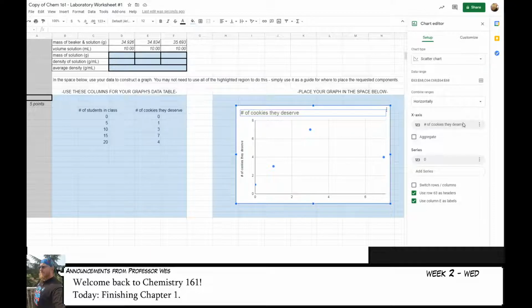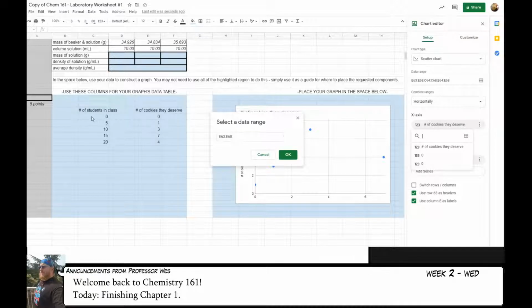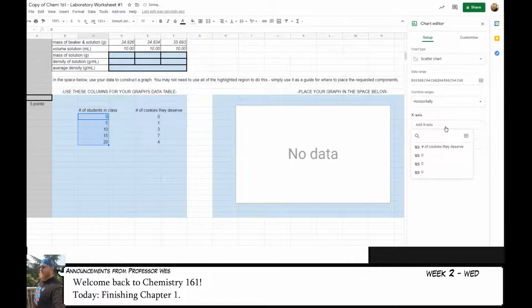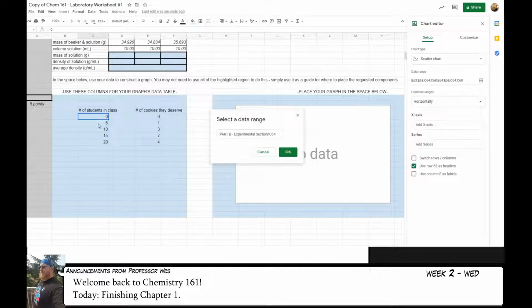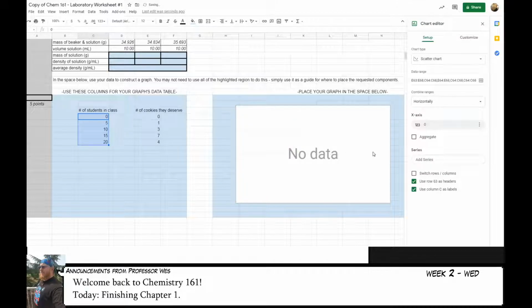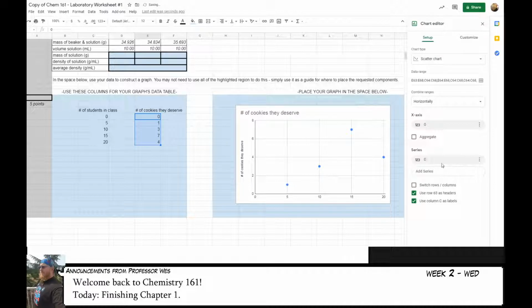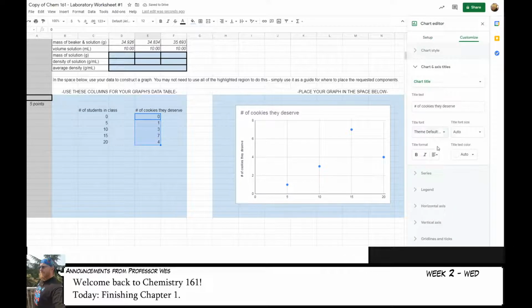Sorry, my system went crazy here. So x-axis should be... Wow, I don't know why it changed all of my stuff here. This is so bizarre that it's not working. But of course it doesn't work the time that I set it up, right? All right, there should be a point at the origin. I don't know why it's not showing that point at the origin.